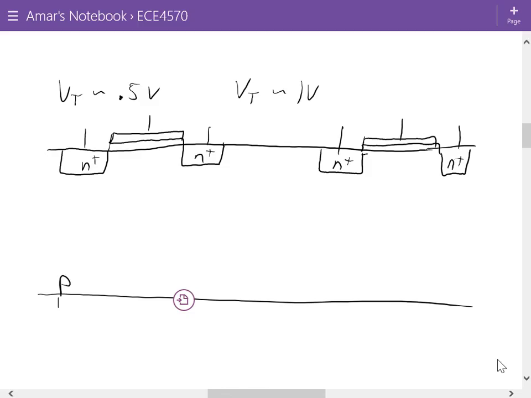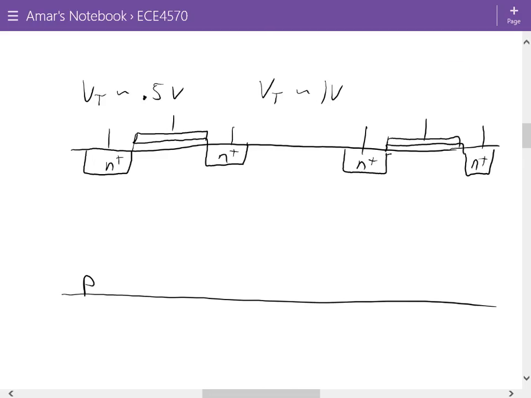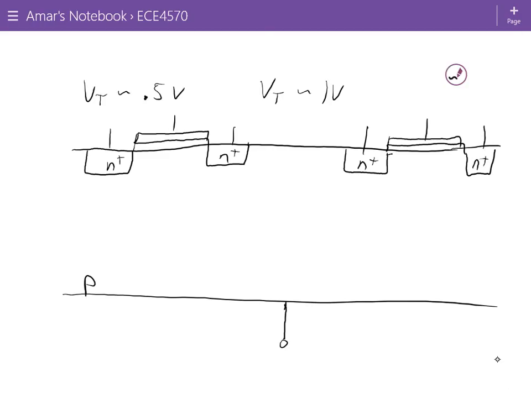So if we apply a potential VB to the substrate, this VB is going to affect the threshold voltages of all the transistors in your entire wafer, in your entire chip.